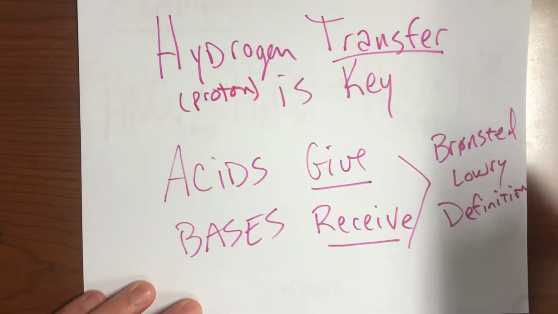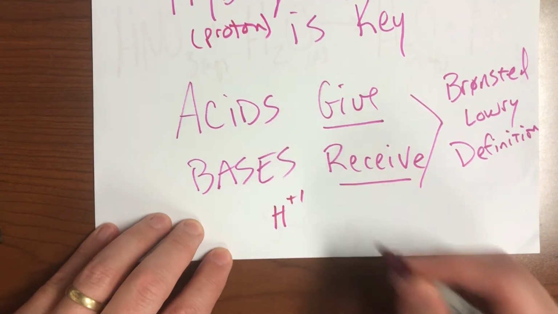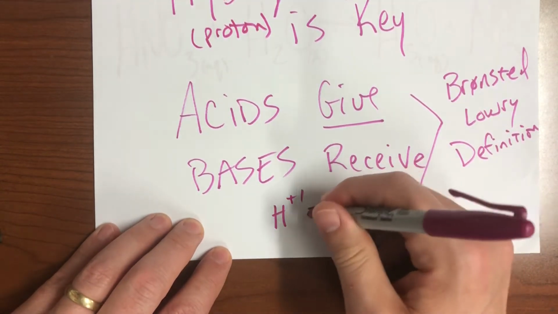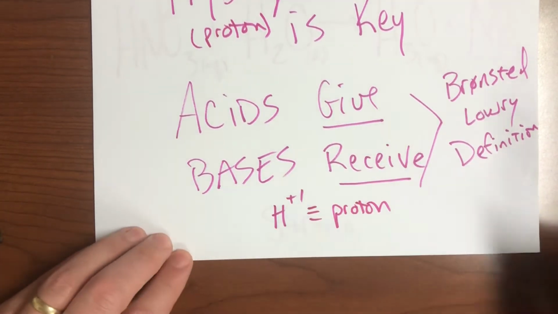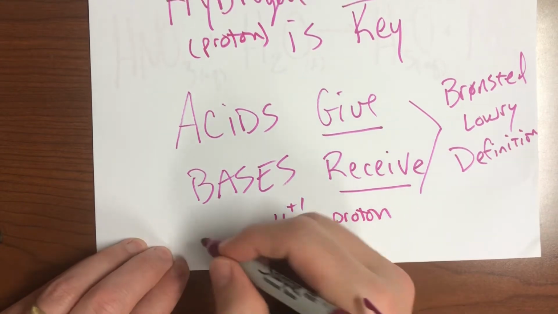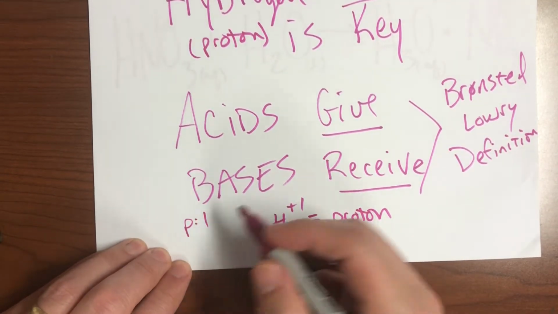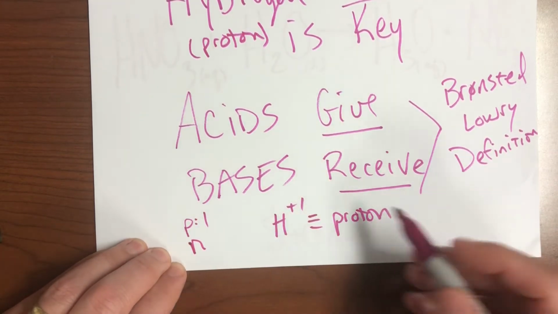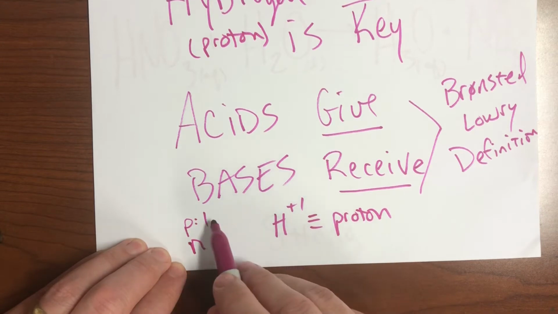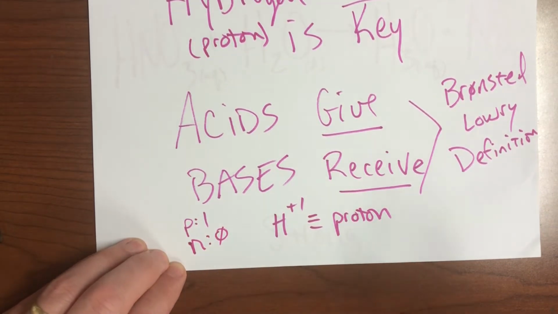And I just want to take a quick little diversion to prove to you that a hydrogen ion is actually a proton. If we consider the protons, neutrons, and electrons in hydrogen, clearly it has one proton. The average mass of the most common isotope of hydrogen is 1, which comes from the proton, which tells you that there are no neutrons in the average hydrogen atom.